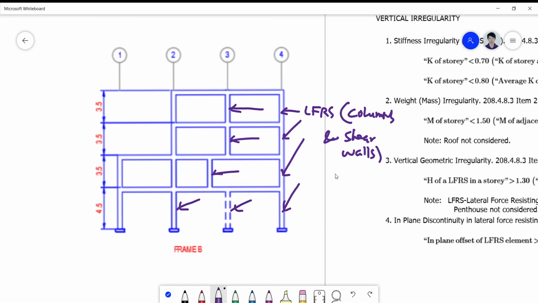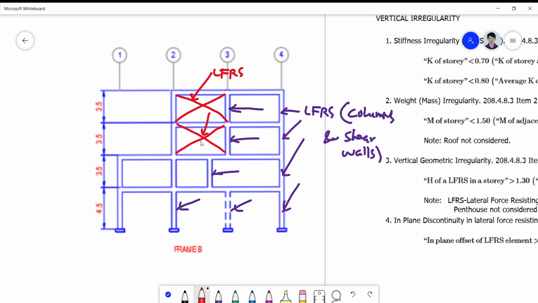Sometimes for very sophisticated structures, you also have what you call the braces, no? So it can also be a part of the LFRS. So this brace here can be a part of your lateral force resisting system. Okay, and so on and so forth.